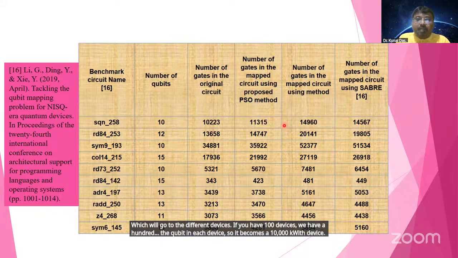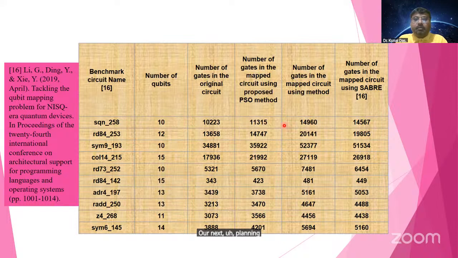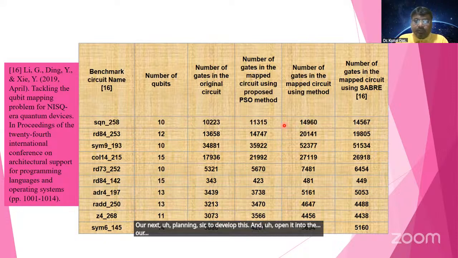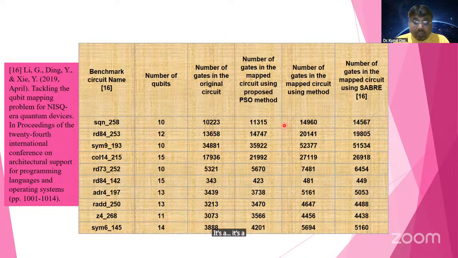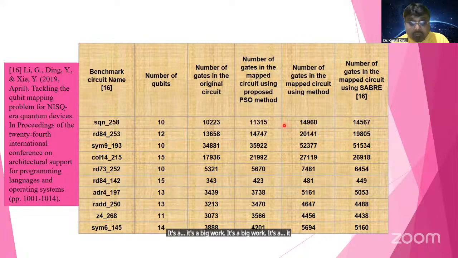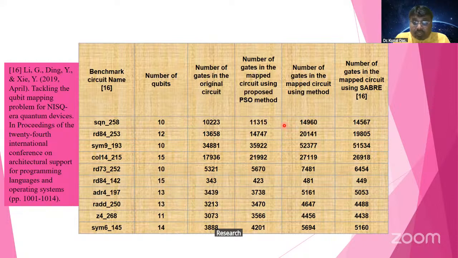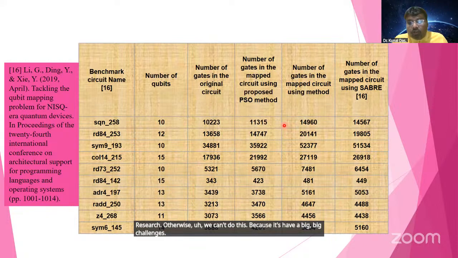Our next plan, sir, is to develop this and open it to our society to think about how we can go to 10,000 qubits very easily. It's a big work. It will definitely require 2 to 3 years of research. Otherwise, we can't do this because it's a big challenge.